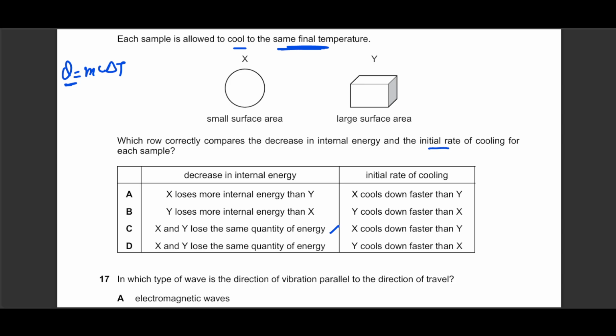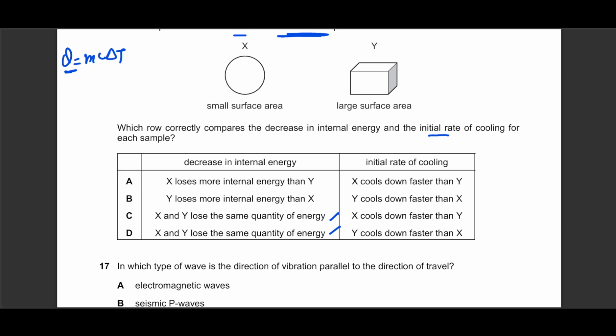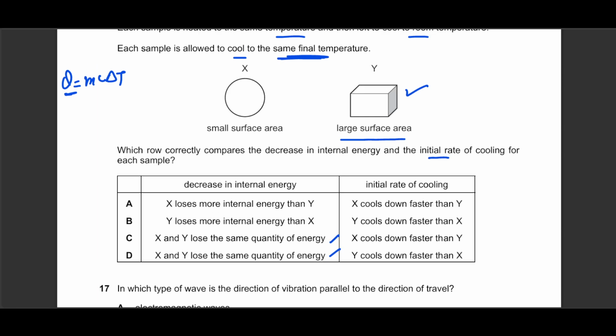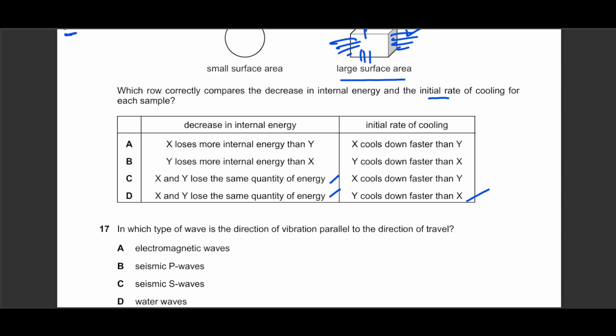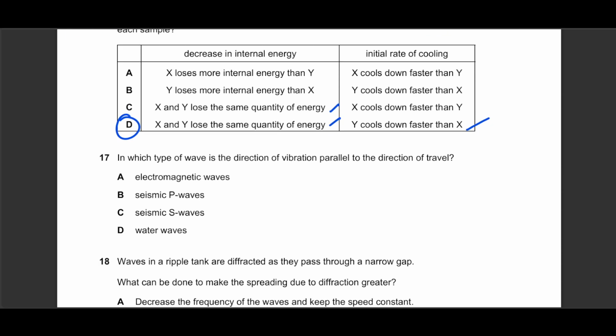So they lose the same quantity of energy, but they do it in different ways. So initial rate of cooling, one of them will be a bit faster. So which would cool down faster? Because of its large surface area, exposure to environmental factors, more exposure to air around it, and frankly, more exposure to the infrared radiation that it can go through. So which cools down faster? It should be option D.